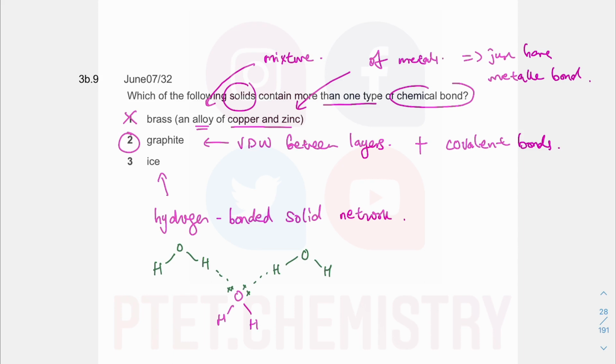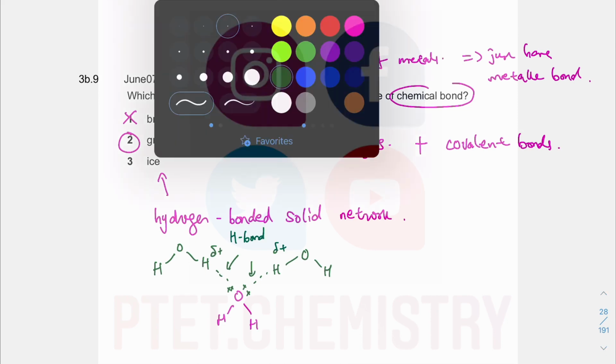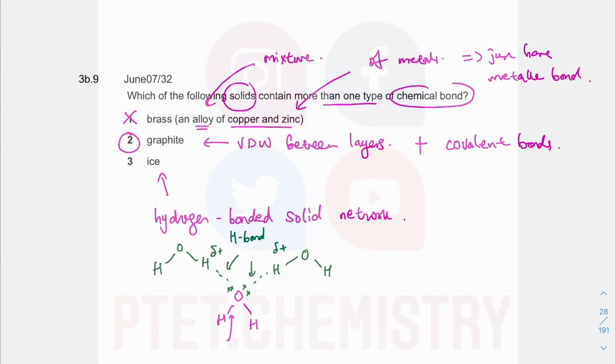You know how the particles are arranged in the solid state, so close together. Don't forget your dipole. So these things are H bonds. They are very strong because they are very close together. This thing in pink are covalent bonds.